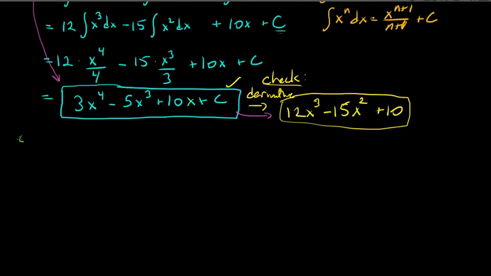So this is example B, I guess, since I'm using letters now. How about if we do the indefinite integral, or antiderivative, of, well, let's do x minus 3 times x squared plus 4.